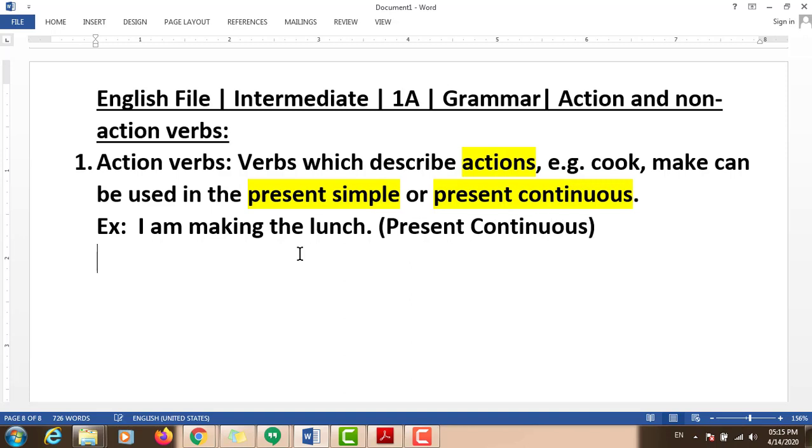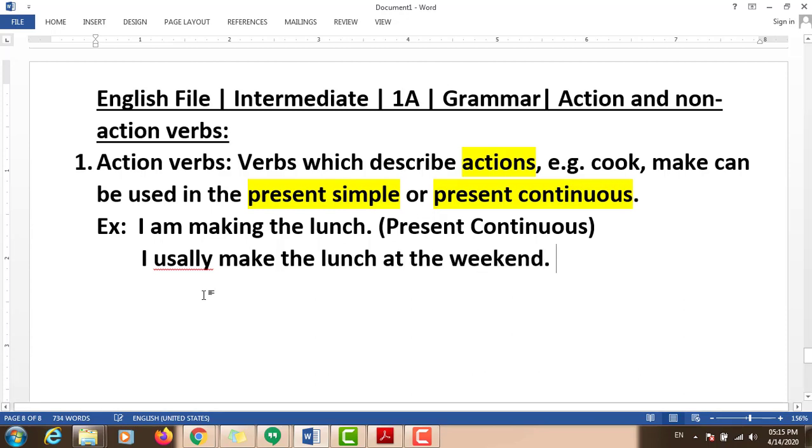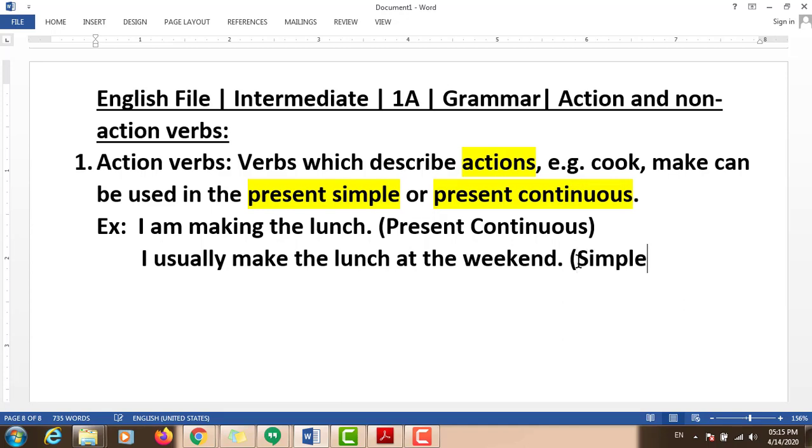Next, for example, I usually make the lunch at the weekend. I usually make the lunch at the weekend. So this usually, it shows that this is which tense? Yeah, it's simple present or present simple.